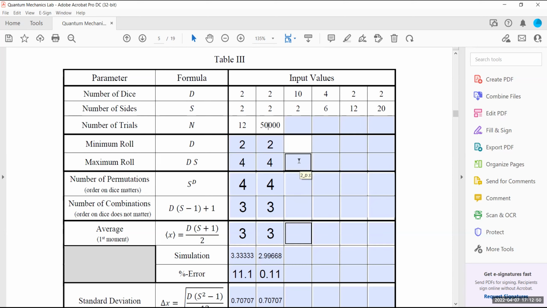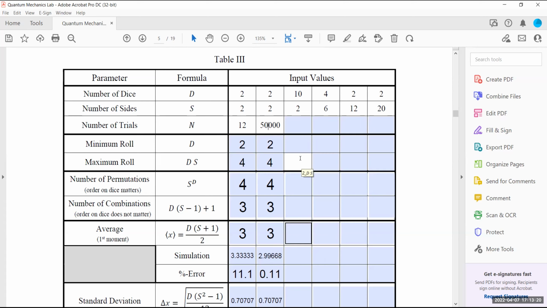Yes, so the minimum roll is going to be, each and every one of those spaces is going to be a 1. So the minimum value is 10. And the maximum value in this case is going to be 2, 2, 2, 2, 2, 2 on every one of these dice. So it's going to be 20. Okay, is it? 2 added 10 times, 20.